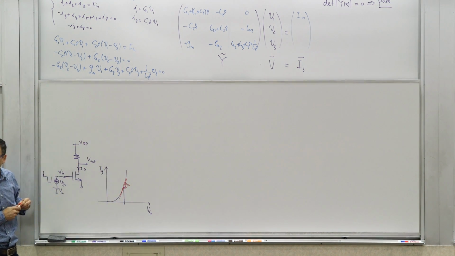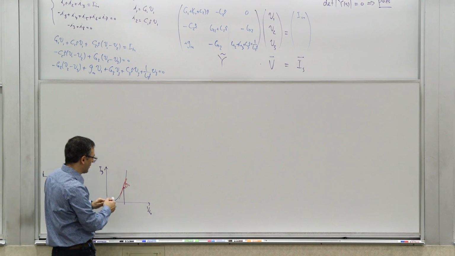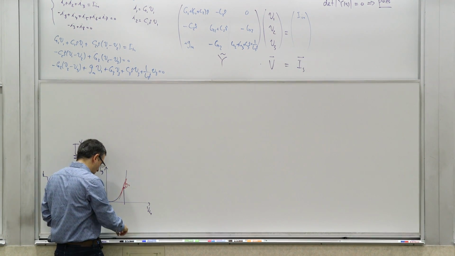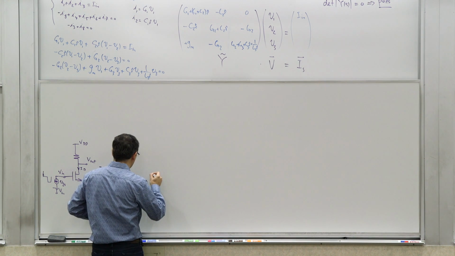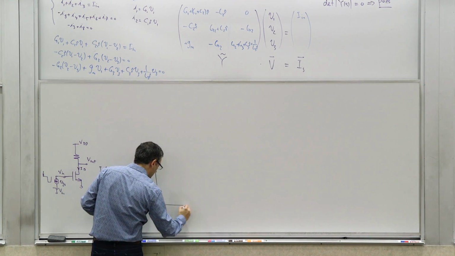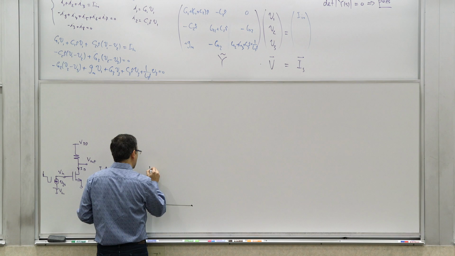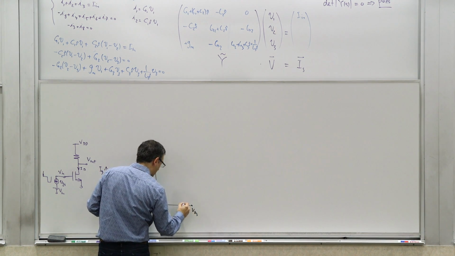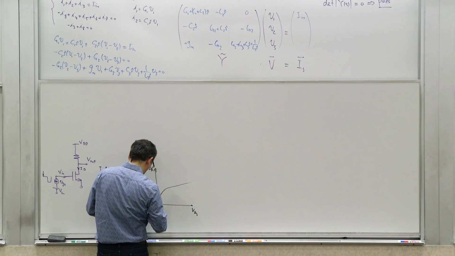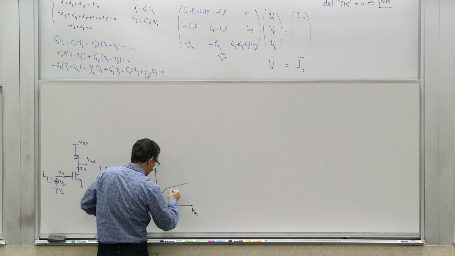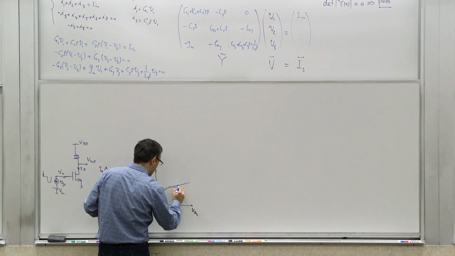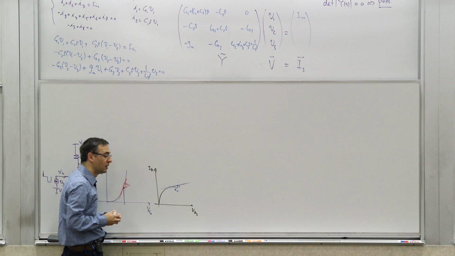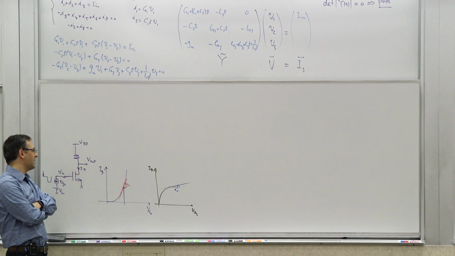Or this is my ro for the VD, you can have the other curves. Let me just draw them. This is ID versus VDS for that operation point, and you have this slope, and this slope is, of course, 1 over ro. Right?